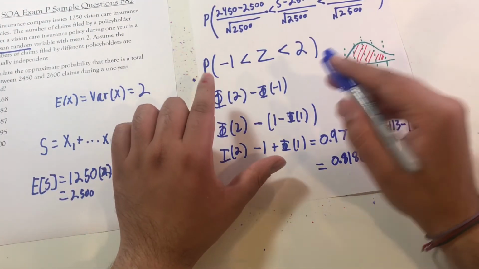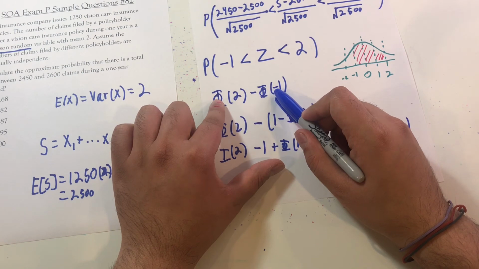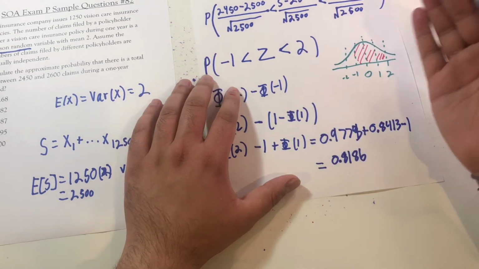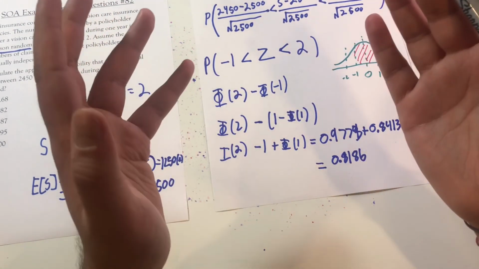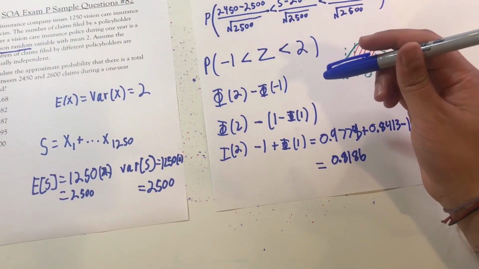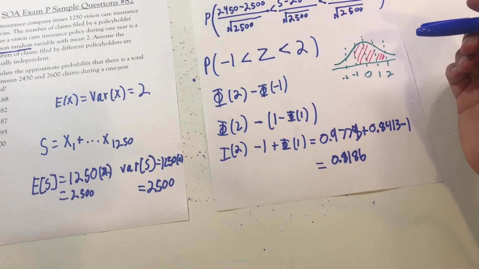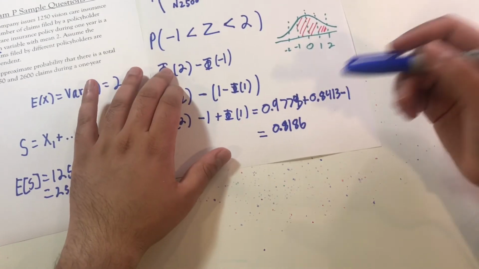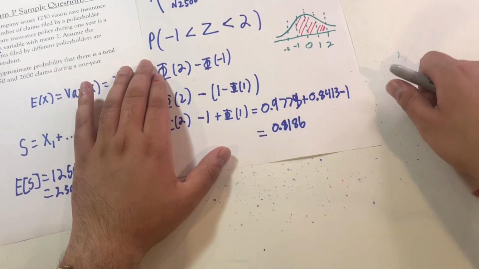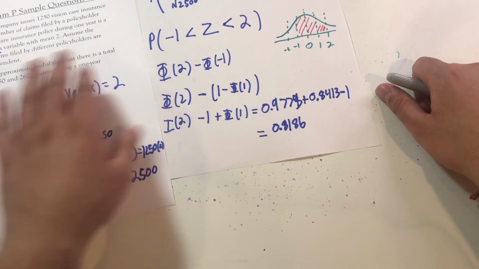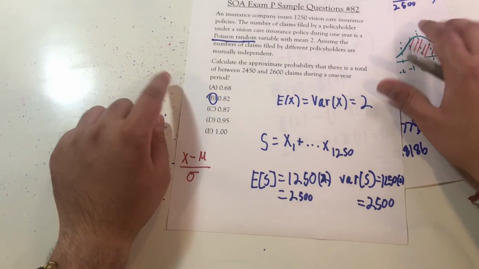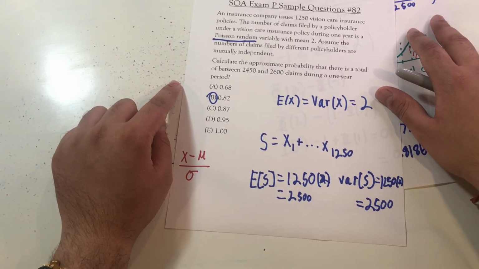Now, after that, it's just using your lookup table, right? Using the table they give you to find the appropriate z-scores. And then after that, it's just arithmetic, some replacement, and you end up with 0.8186, rounding to answer choice B, 0.82.